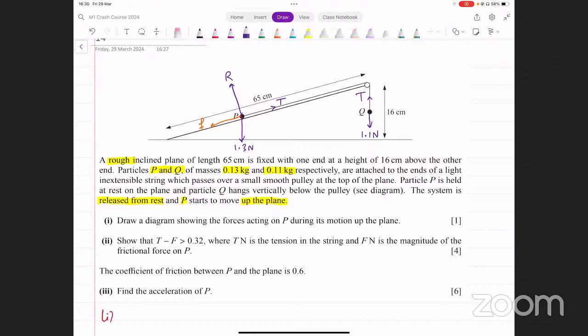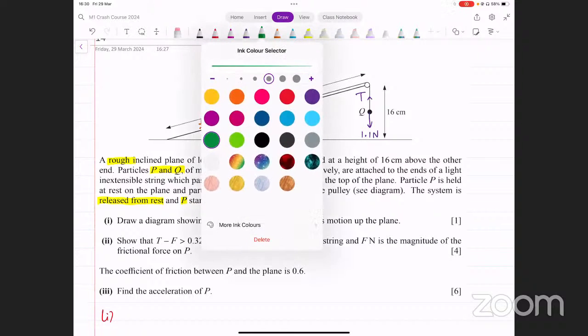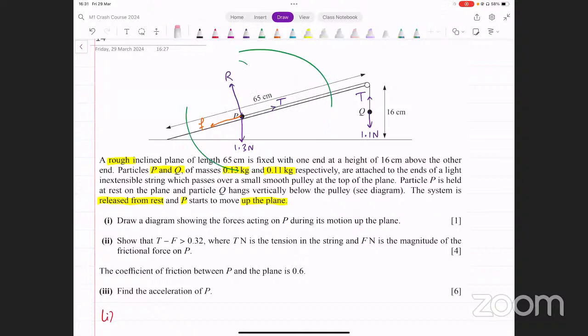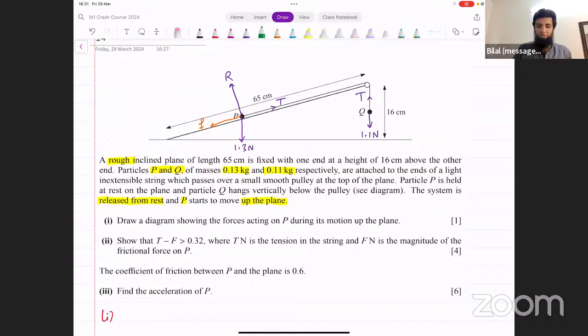So what can we say? Let's resolve the forces that we have. First of all, acting on P, we have the forces acting on Q already on the side. What are the forces acting on P? We have represented these forces as well. However, weight is not resolved yet. So we first resolve the weight. Let's see what we get when we resolve the force.